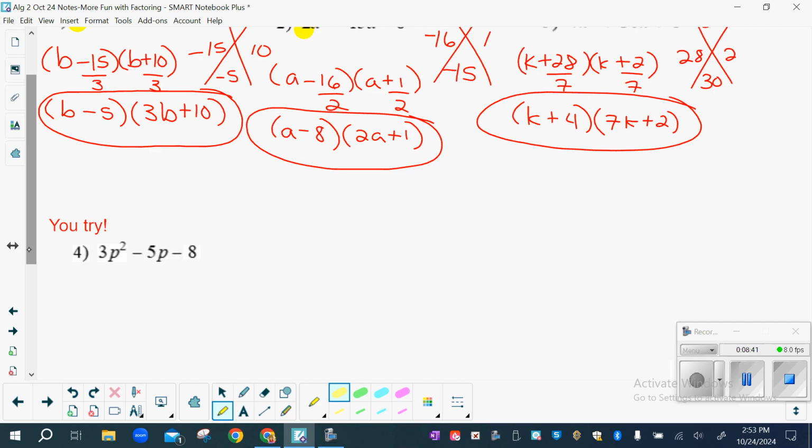Nice, 8 and 2 people. Oh my god. I need 3 people plus 1. I know, I don't know. I don't do that.